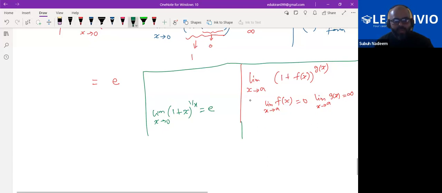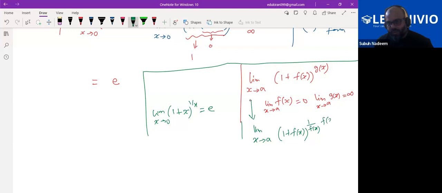So this is actually becoming equal to this one. Limit x approaching a, 1 plus fx to the power 1 by fx into fx into gx, right? We write it like this. So fx will cancel and gx will remain.